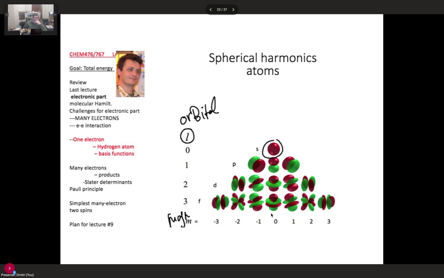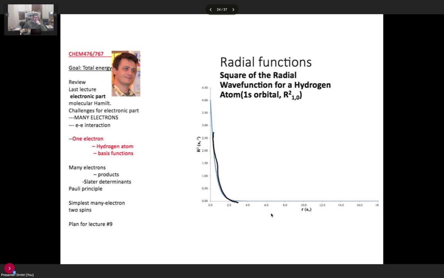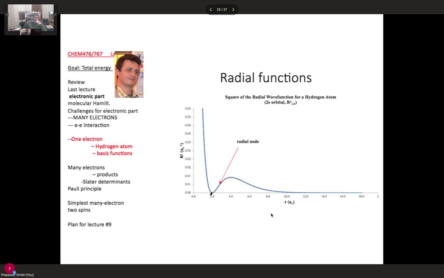And another factor function is dependence on distance from center, R capital. And here are the R capital radial functions for several orbitals. So for the simplest solution, it is maximal near the center, and then it exponentially decays.